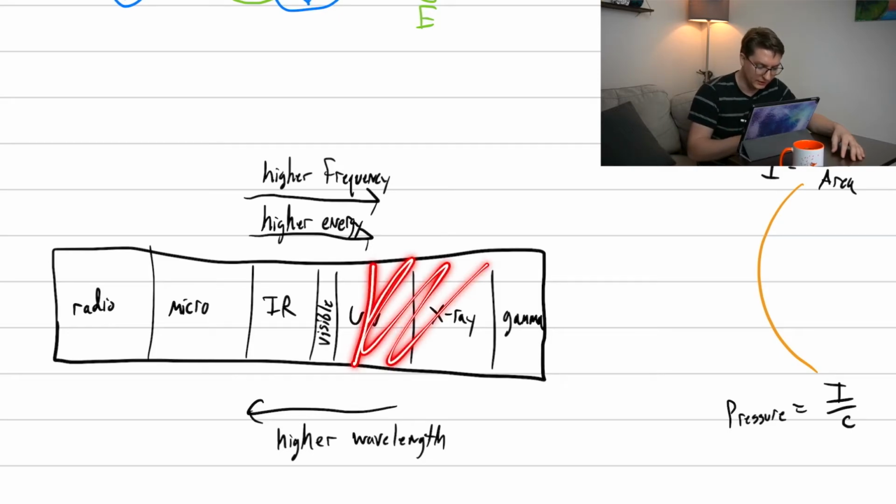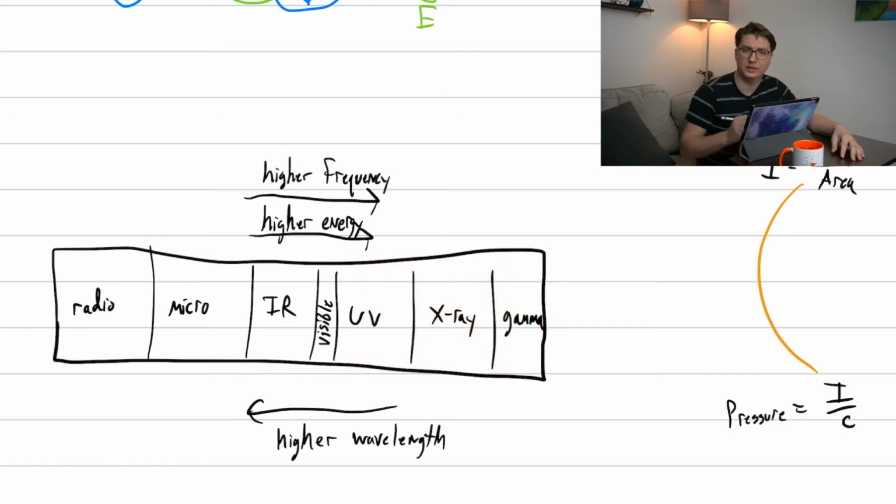But luckily, radio waves don't interact with things very easily. These ones do. So you can block most of these with a piece of paper, or we have an atmosphere that blocks most of these, although part of the UV still gets us a bit. But most of this is still blocked by our atmosphere.